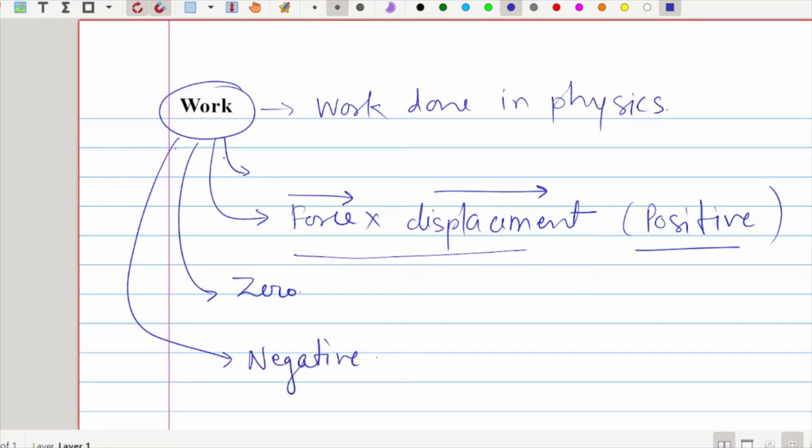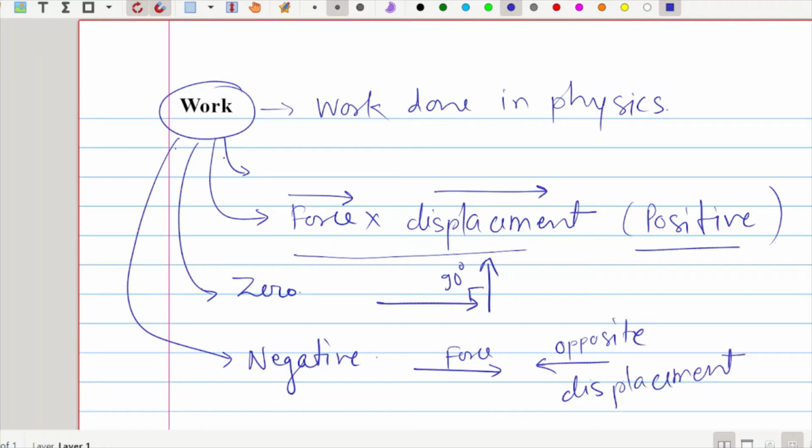In case of zero work, the applied force and the displacement are perpendicular to each other, at 90 degrees. In case of negative work, the force and the displacement are opposite to each other. And this is displacement.